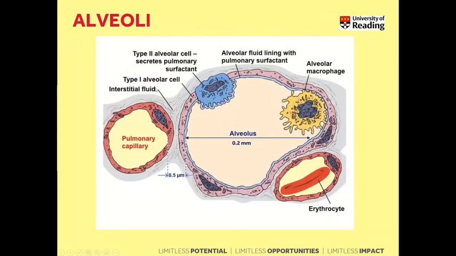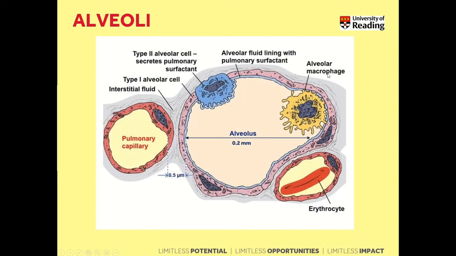Here a cartoon just to help you to visualize the type of cells that are present in the alveoli. We mentioned the type 2 alveolar cells. They are important in secreting the surfactant, which is found within the fluid lining the inside of the alveoli, here in light blue.